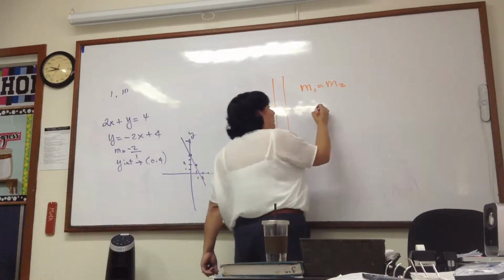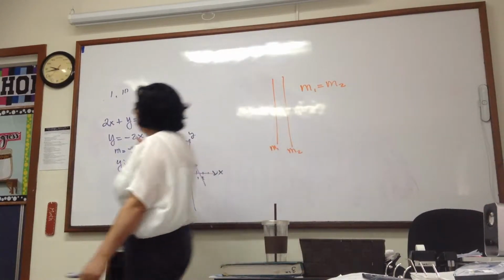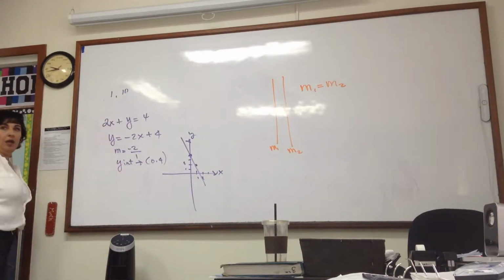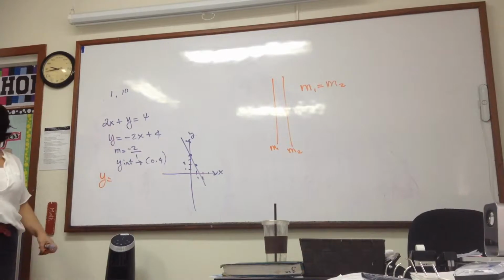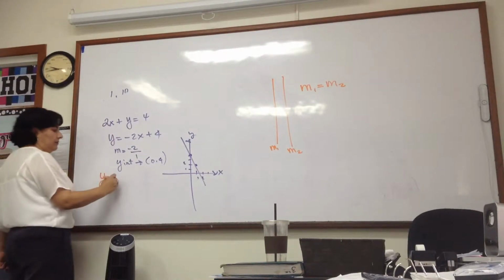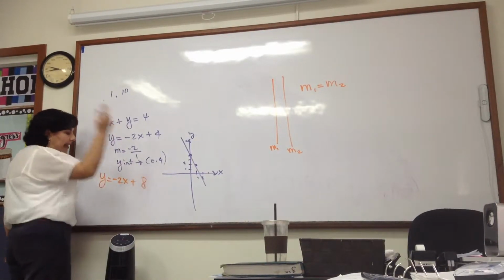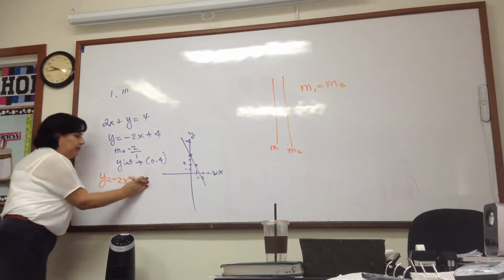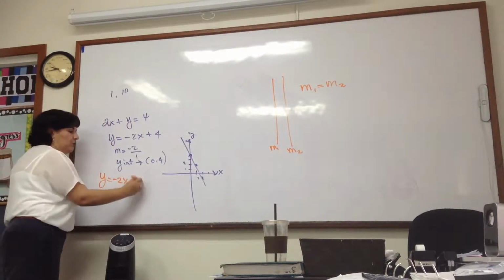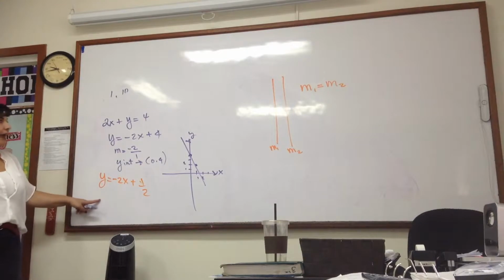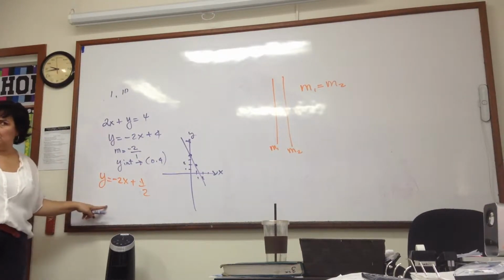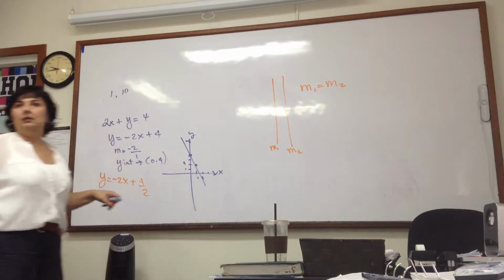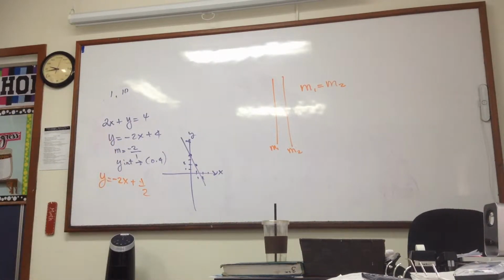That means that if they give me a line that is parallel to this one, minus 2x plus 4, plus 8, plus 3, plus 1/2, all of these are parallel to this one, because they have the exact same slope. Also, it can be any y-intercept, but it has the same slope.